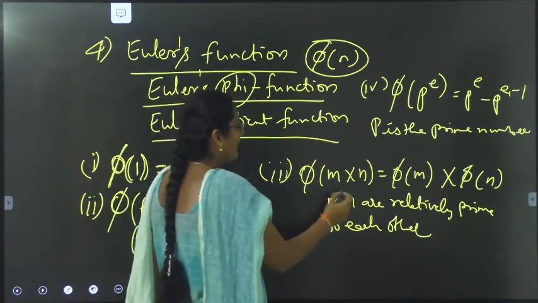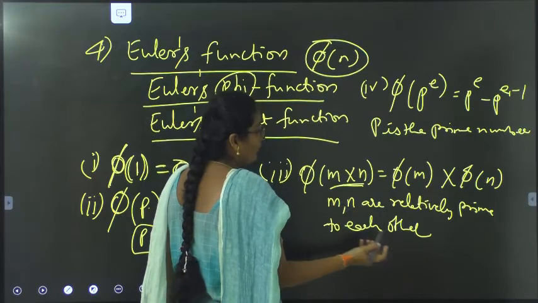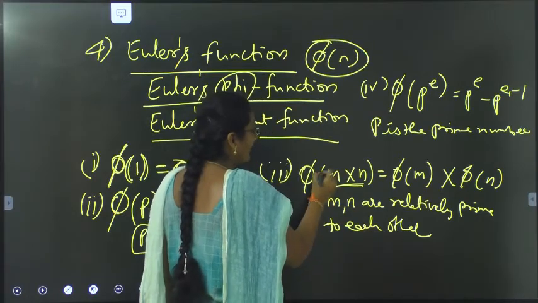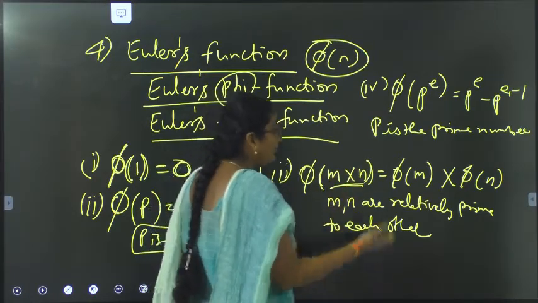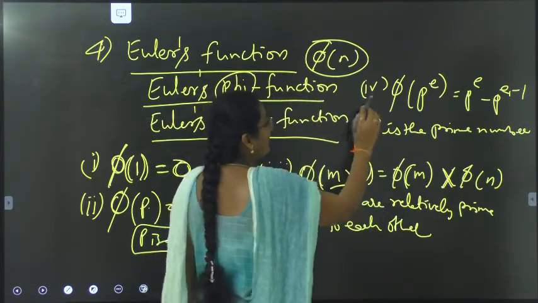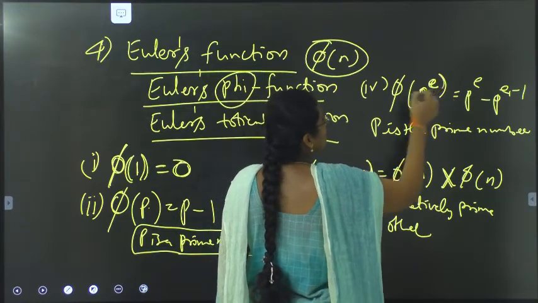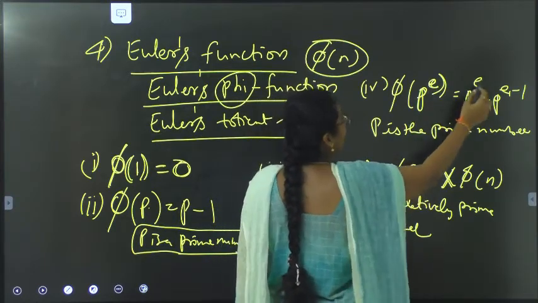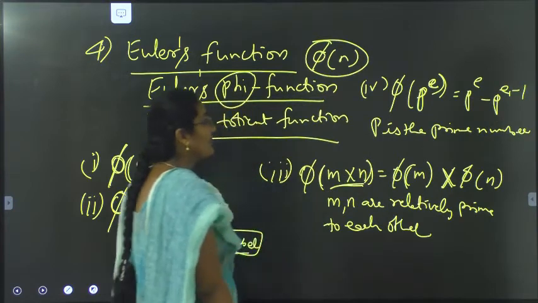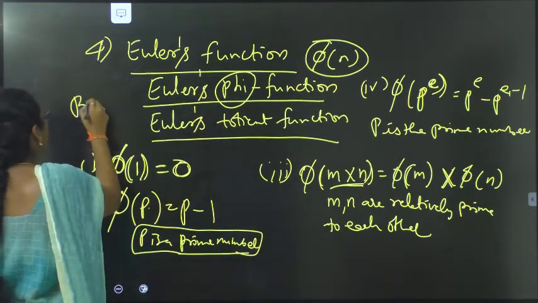Same way, phi of product: m and n are also relatively prime numbers. So phi of that relatively prime numbers product is equal to phi of individual relatively prime numbers product. And finally powers. So prime number to the power e equal to p power e minus 1. So these four are the predefined statements.